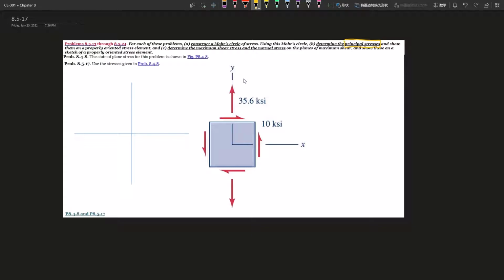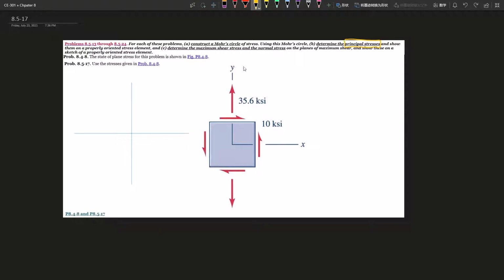So if you need some support on how Mohr's circle is constructed and some of my opinions, please go watch that one. I'm going to try not to go too much into detail when solving this problem. Okay, so construct a Mohr's circle.